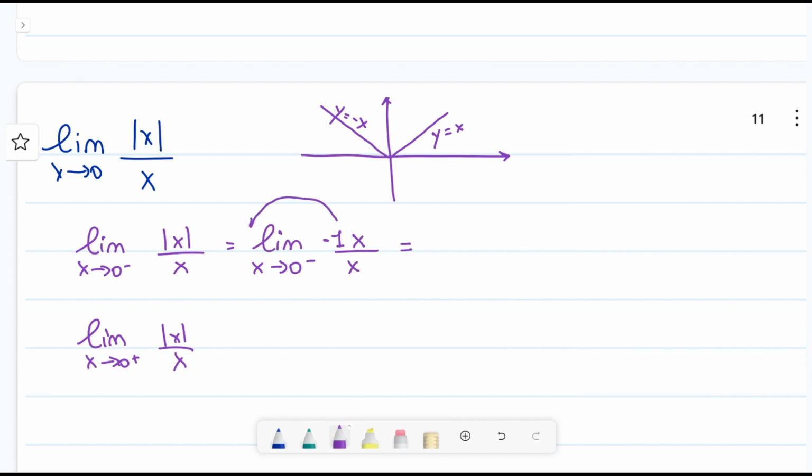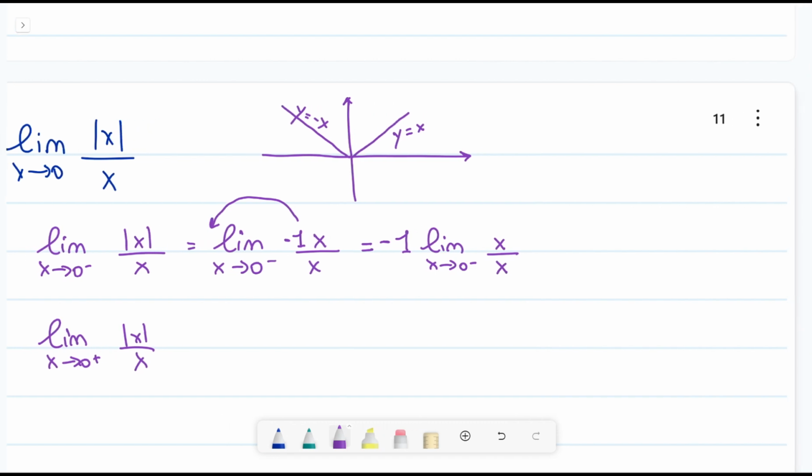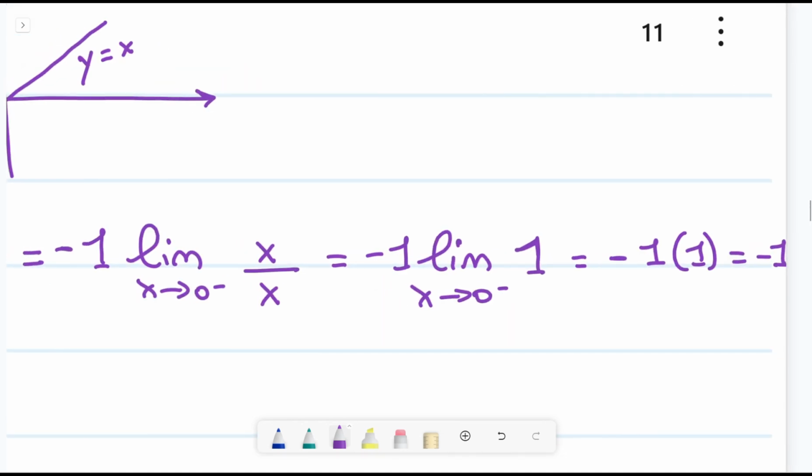So I can take the constant outside, and I am left with negative 1 times the limit of x over x as x approaches 0 from the left. I can cancel both of these x's. This becomes negative limit as x approaches 0 from the left of 1. And the limit of a constant is the constant itself. So this gives us a final answer of negative 1.